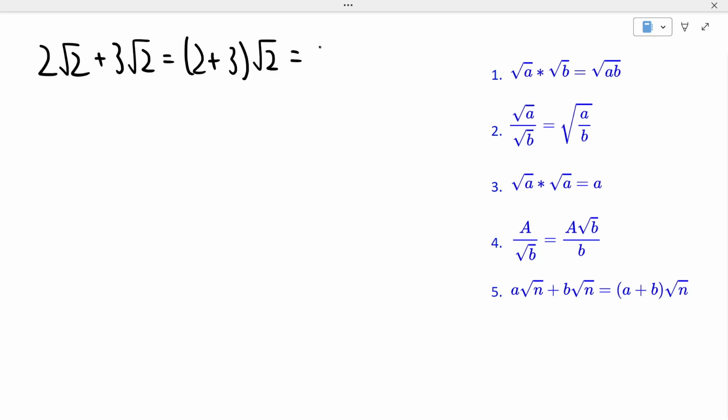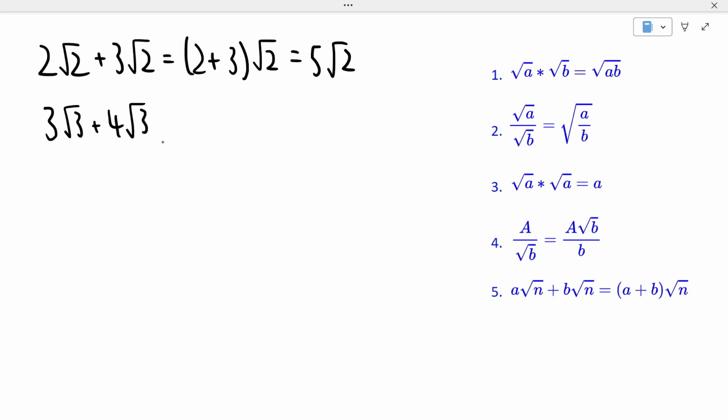This is simply equal to 5 square root of 2, and you'll notice that what we did was take the 2 and 3 and add them to result in the coefficient of 5 in front of the square root of 2. So another example is something like 3 square root of 3 plus 4 square root of 3. We recognize that both 3 square root of 3 and 4 square root of 3 have the square root of 3 term, so they are like terms which can be combined.